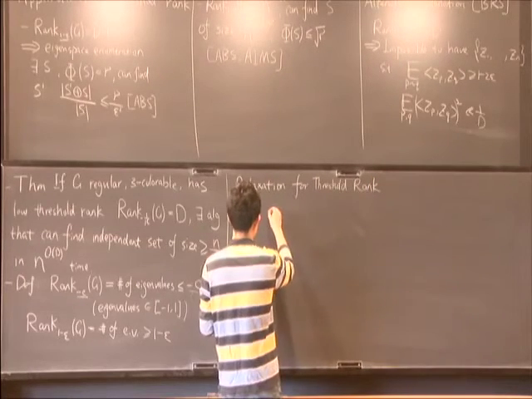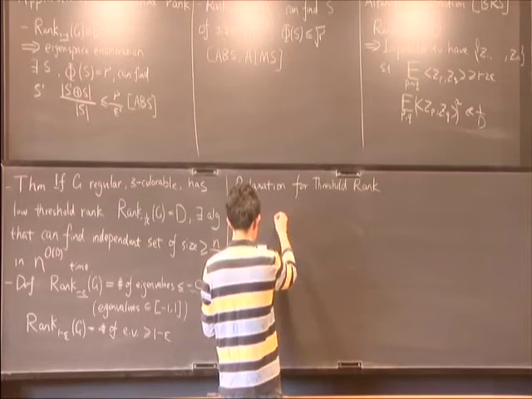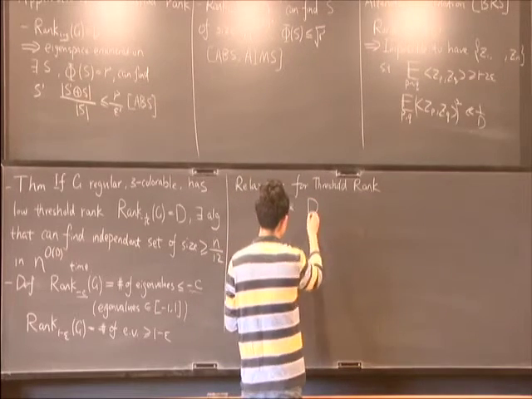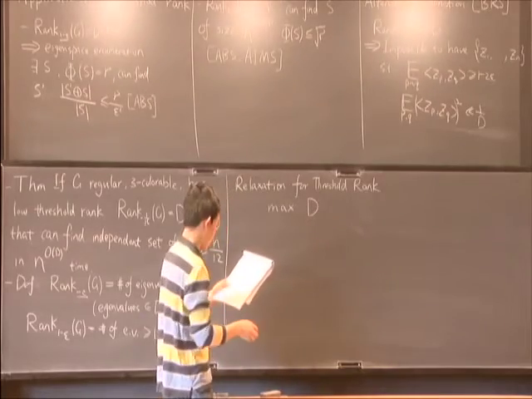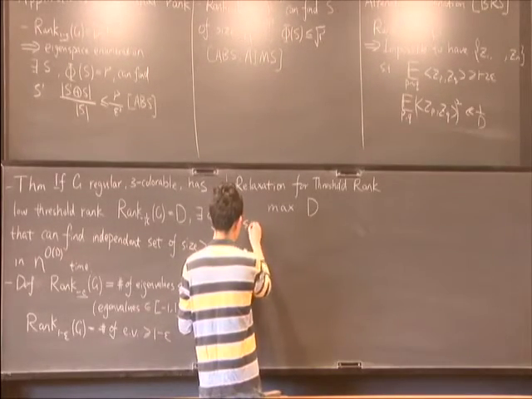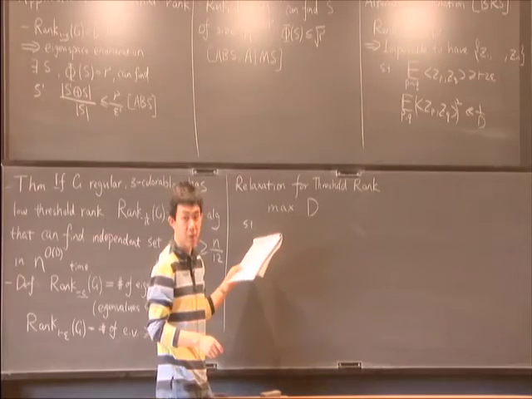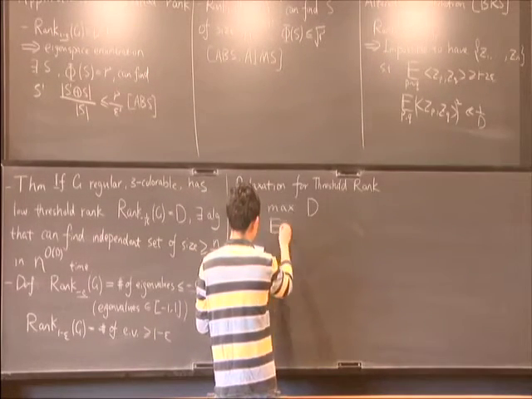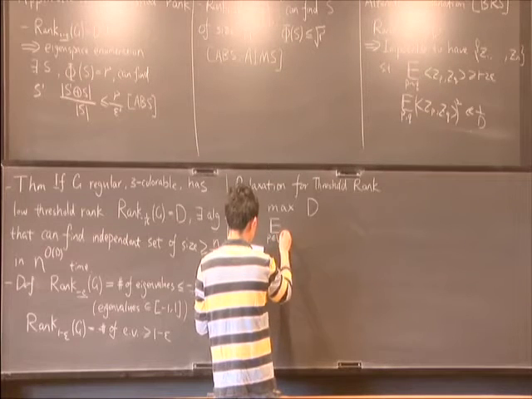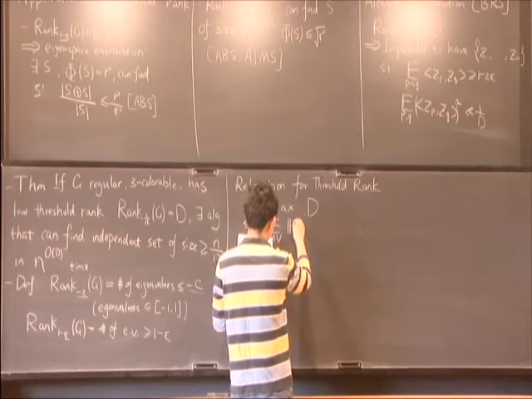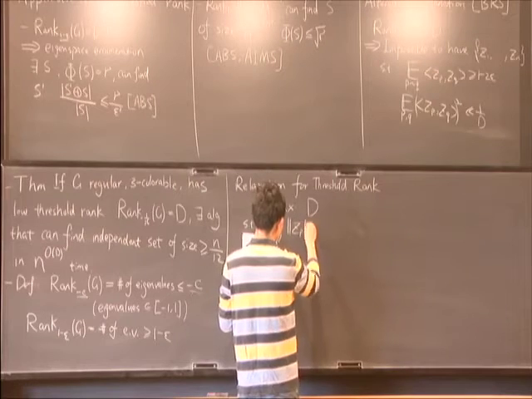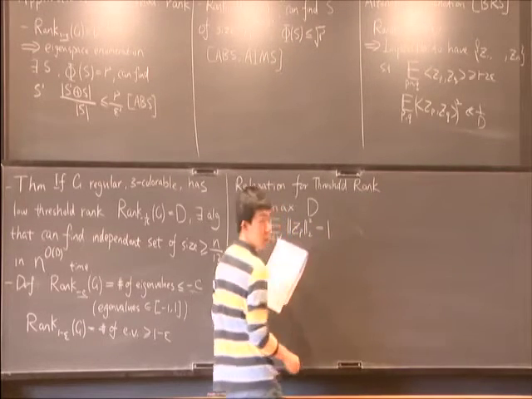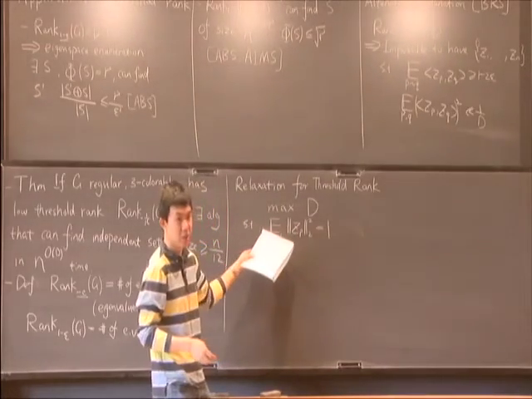You try to maximize this D, the threshold rank, and you want to find the vectors Z1 to Zn such that for a random vertex, the norm of CP squared is 1. This is just a normalization.